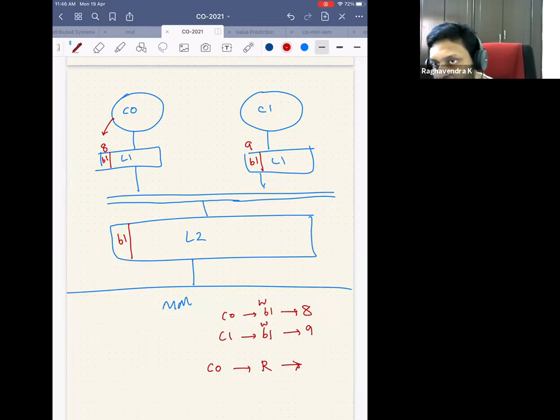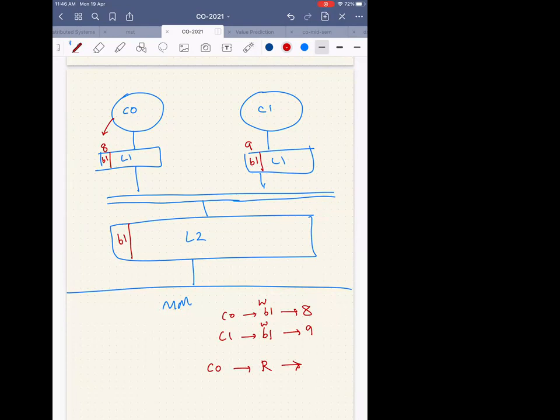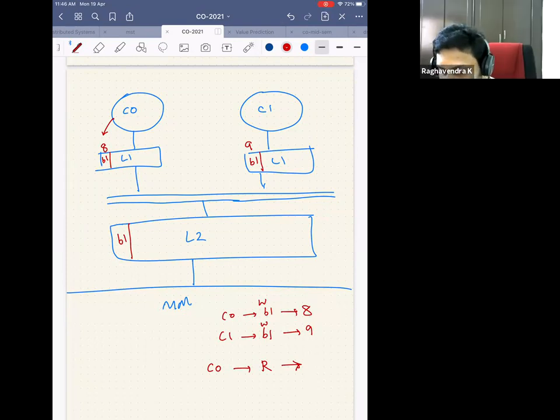If you are a programmer, what would you expect? I think 8. 8 only, why 8? It should be 9, right? Yes, 9, right? Or do you disagree? So this is what coherence is all about.